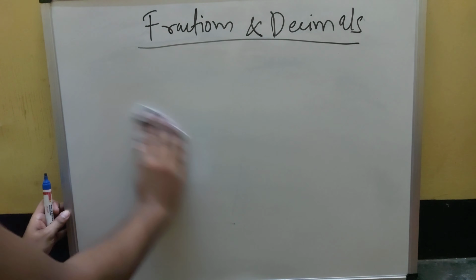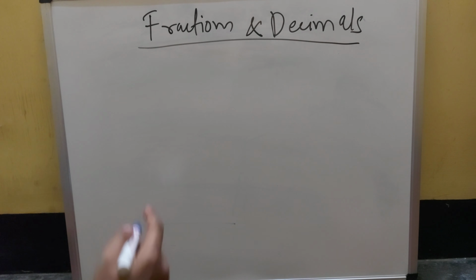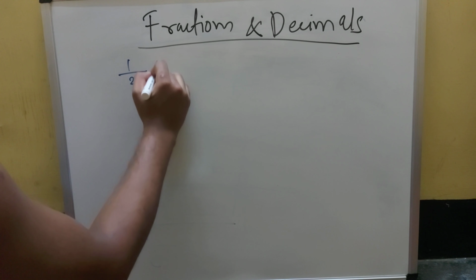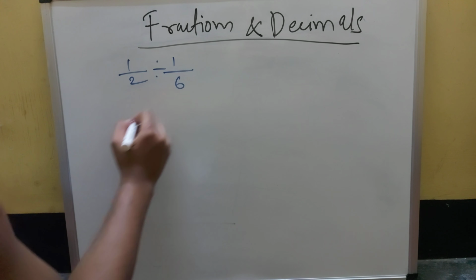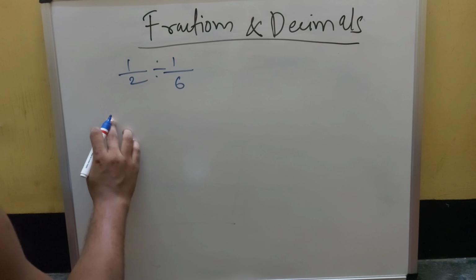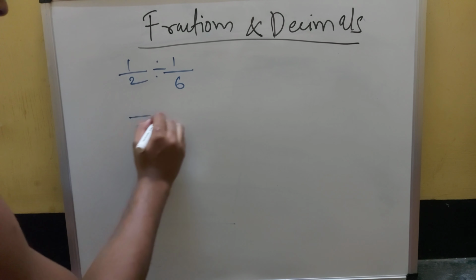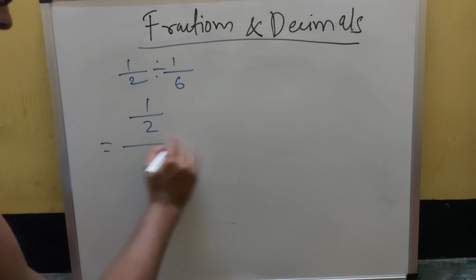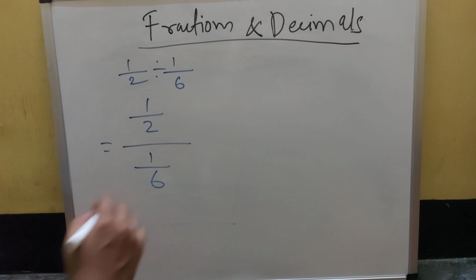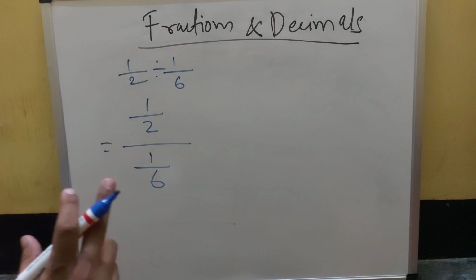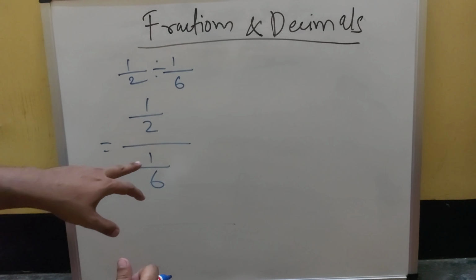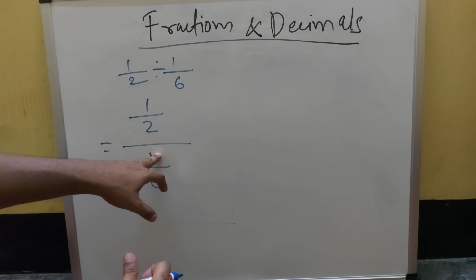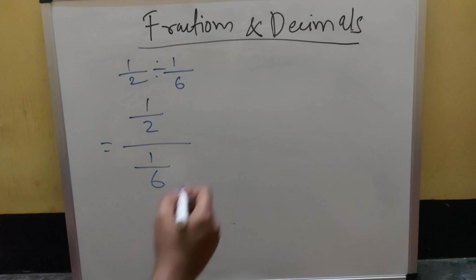Okay, let's make it more clear. I think the whiteboard is visible to you all. 1 by 2 divided by 1 by 6. Now listen and look very carefully. This 1 is a part of the denominator.